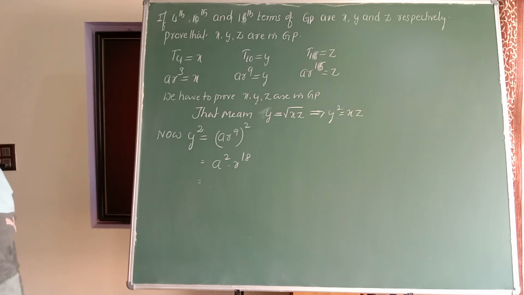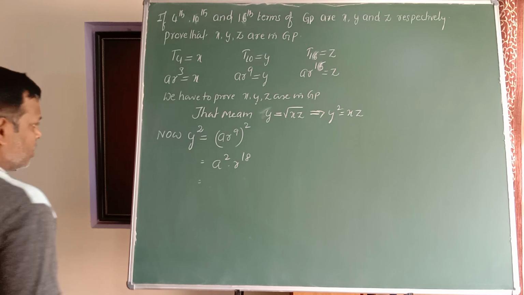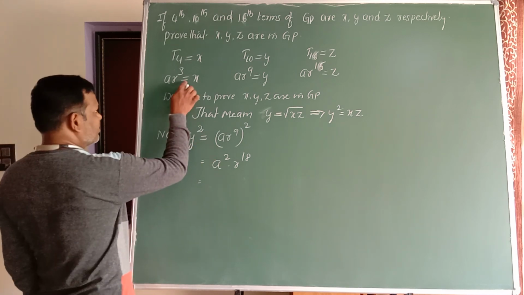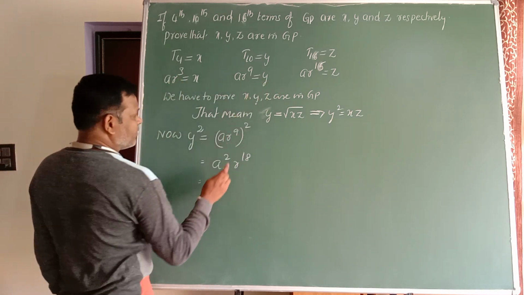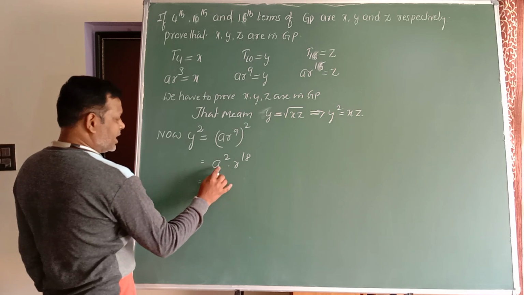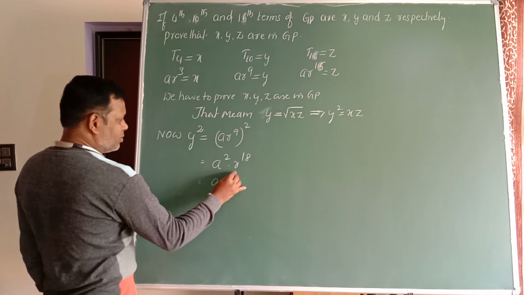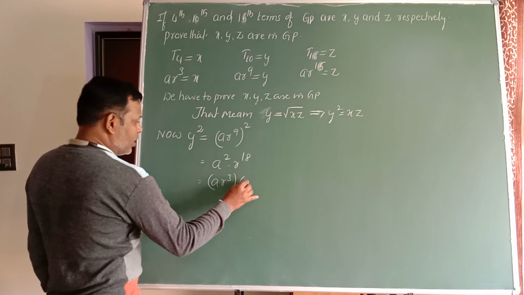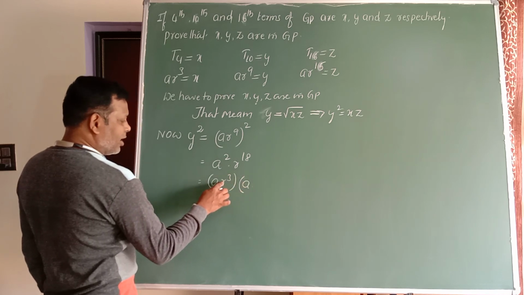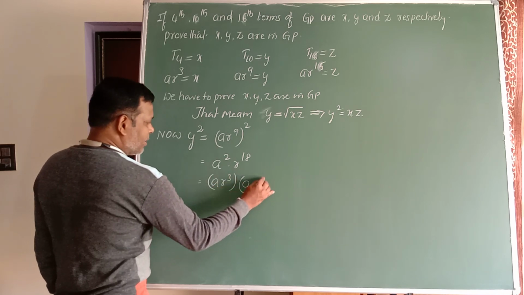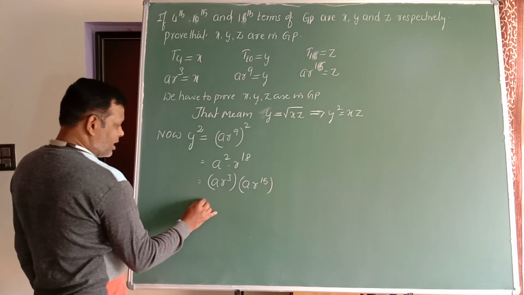Okay, Y square is equal to A square R power 18. This can be rewritten in terms of A R cube and A R power 15. This can be written as one A and R cube here, into the other A with the remaining R power 15. Look at me, A R cube.